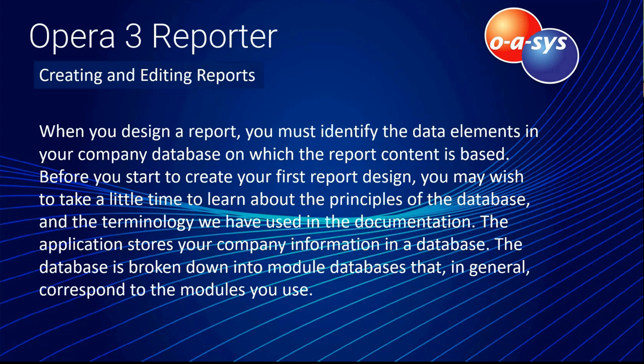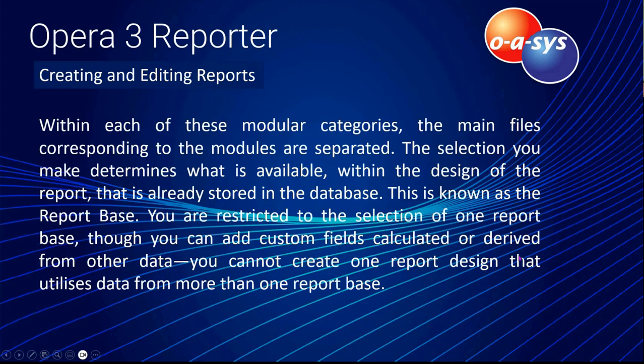So you'll have a table for sales customers, a table for purchase suppliers, a table for nominal accounts, and that kind of thing, etc. And within those tables, you'll have database files. So with each of the modular categories, the main files corresponding to the modules are separated.